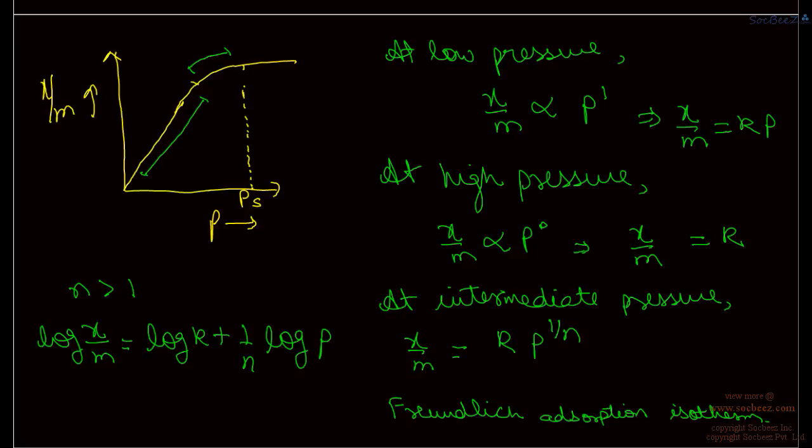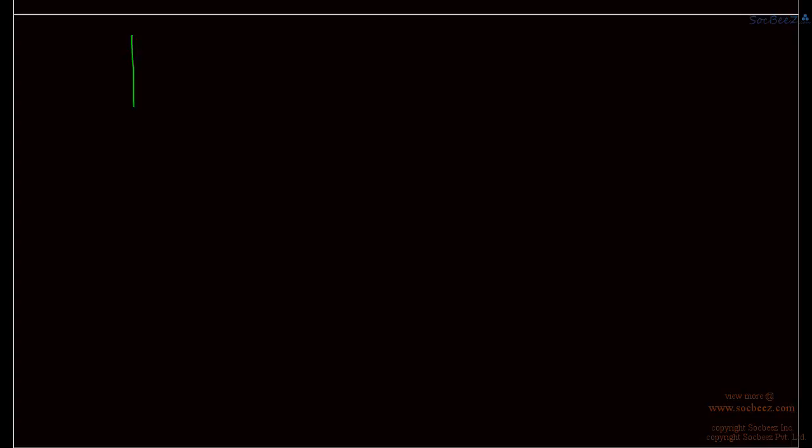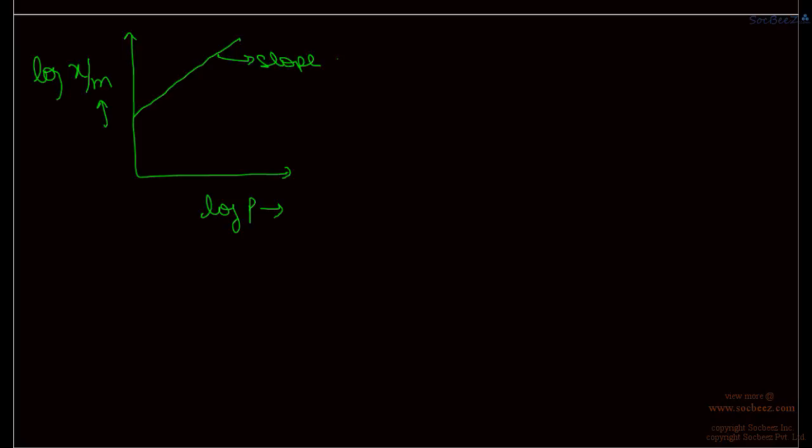Hence, if we draw a graph between log x by m and log p, we get a straight line whose slope is given by 1 upon n, so we can determine the value of n from the slope.